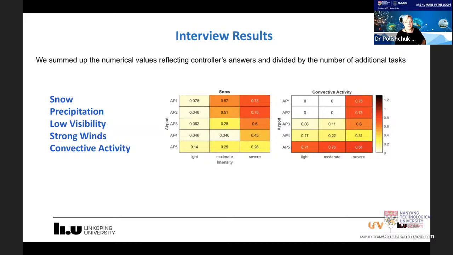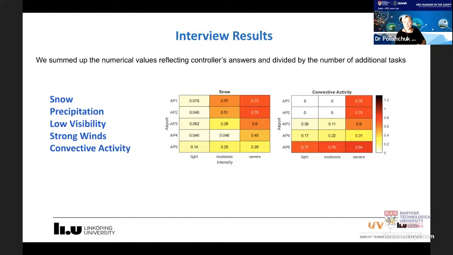So we look at 5 different weather conditions: snow, precipitation, low visibility, strong winds, and convective activities, which are actually typical in Sweden. And then we get these heat maps for each weather intensity, light, moderate, or severe, for our 5 airports. If you remember, the spread of airports was from north to south, which means that, for example, snow was mostly experienced in the northern airports, which are airport 1 and 2.